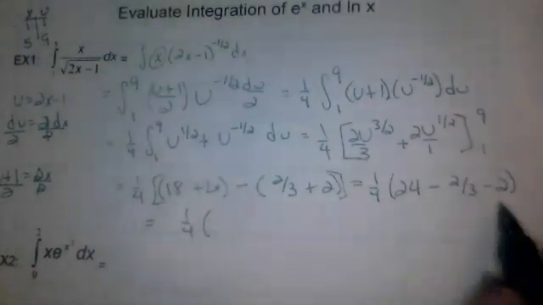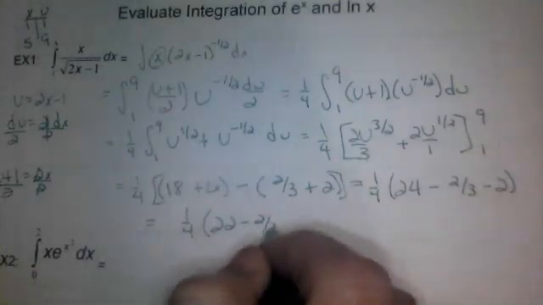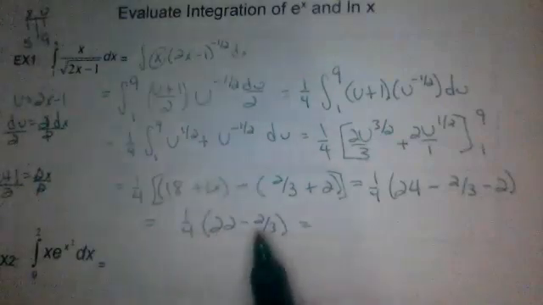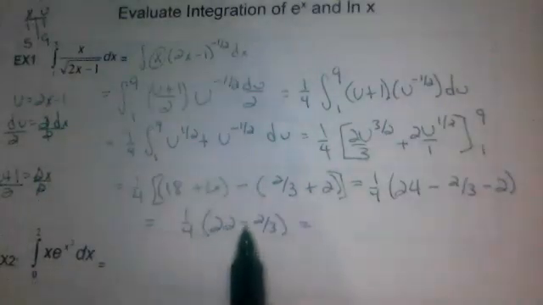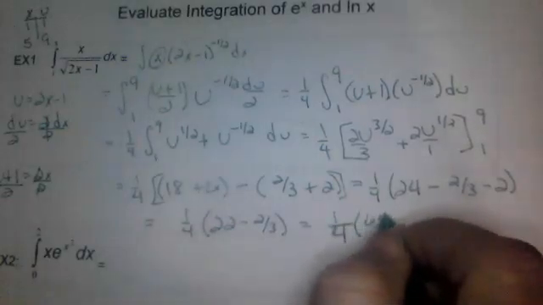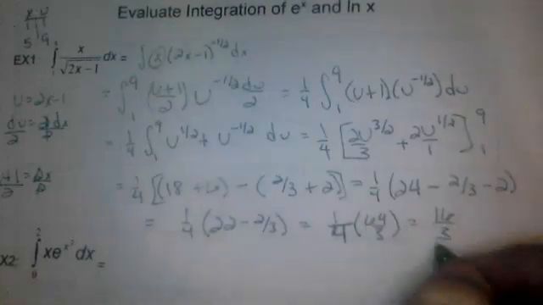So that's going to give me 22 minus 2/3. That's going to be 66 thirds minus 2 thirds, which is 64 thirds. 1/4 times 64 thirds, 4 goes into 64 16 times, so 16 thirds.